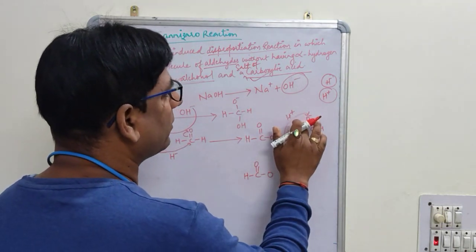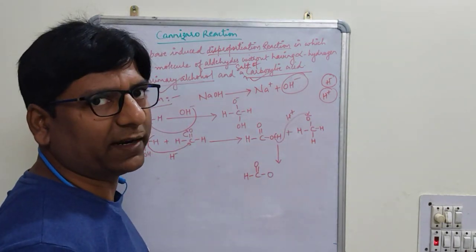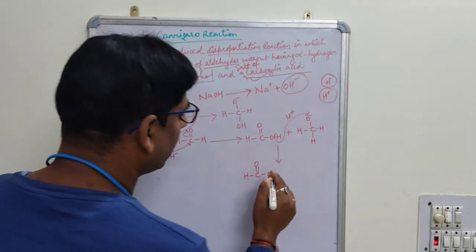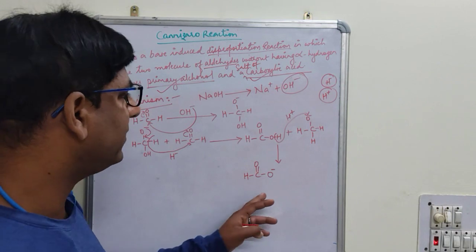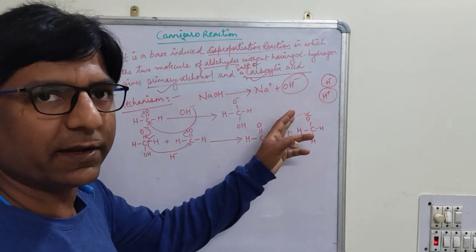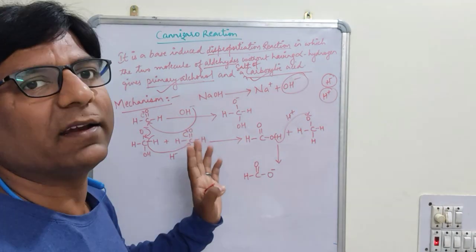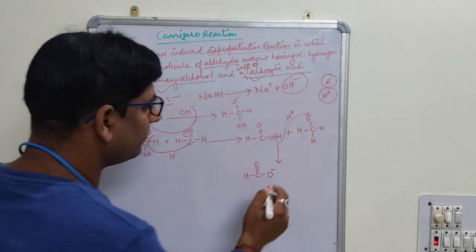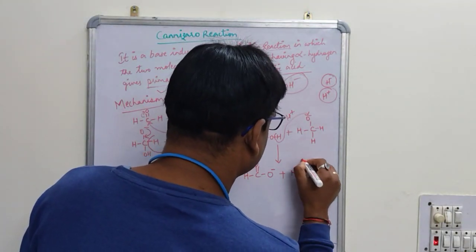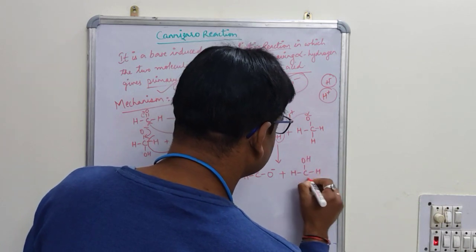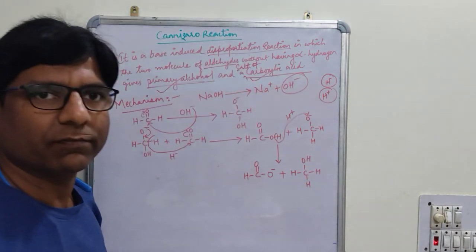Where is it going? It is going to this oxygen, O minus. So now it will be minus over here. We can write minus because this is moving out in the form of a positive, so it will leave behind negative. Plus, here it will be H, C, OH, H, H.